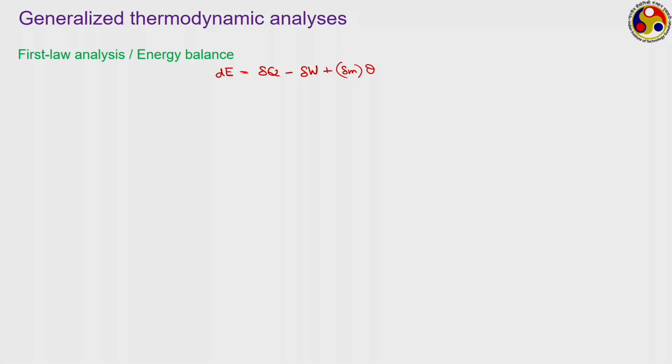It is very much possible, particularly in an open system, that the system may involve multiple types of mass interactions and similarly multiple types of heat and work interactions.